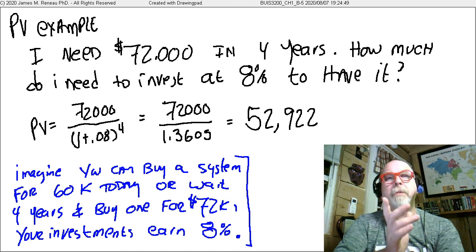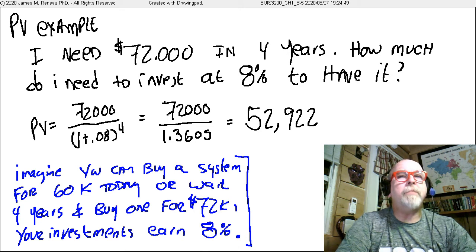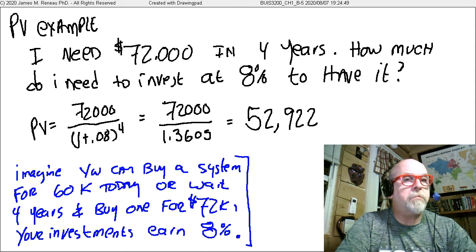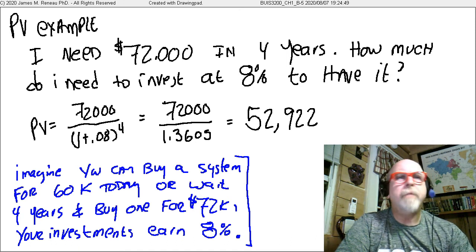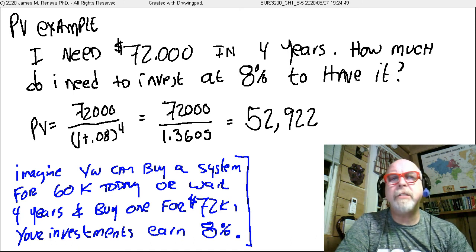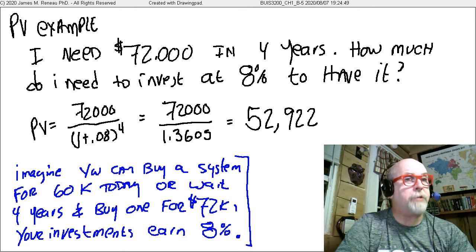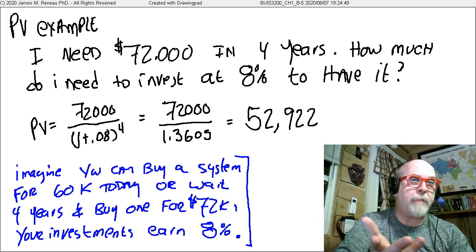Now, imagine you can buy a system today for 60K, but you can limp along and get a much better system in 4 years for $72,000. Assume you can make that same 8%.